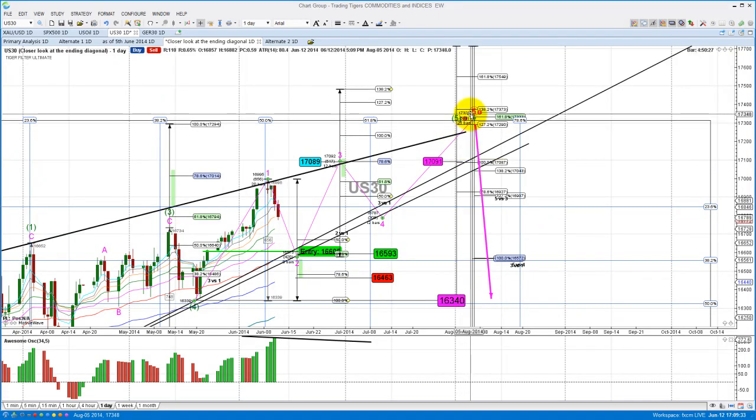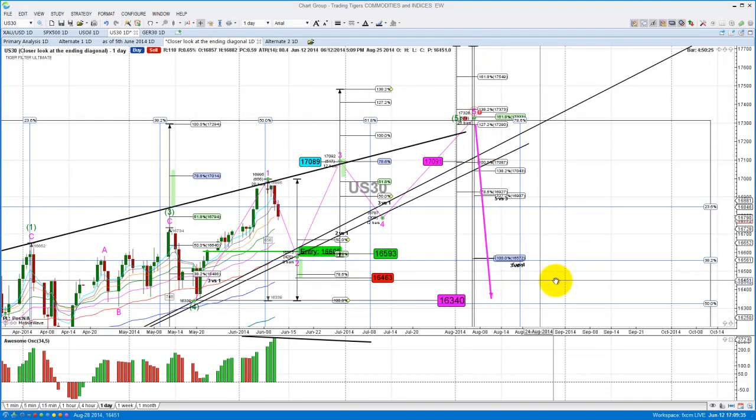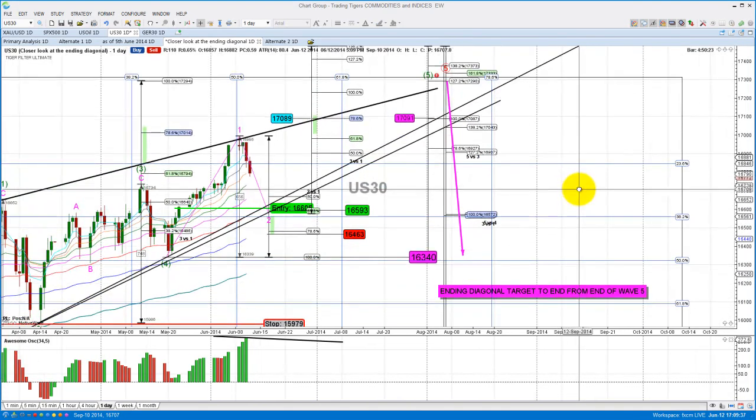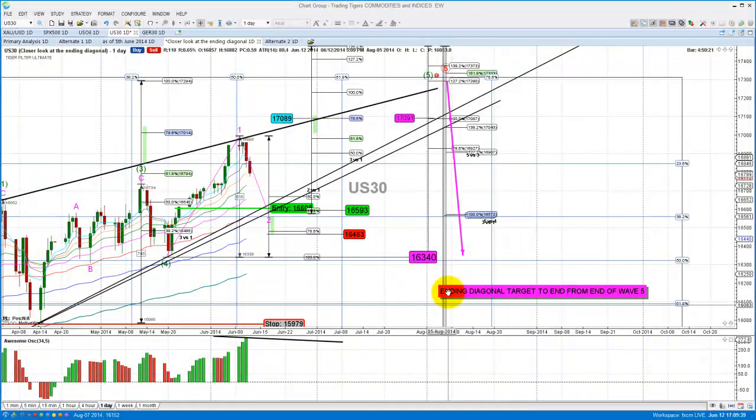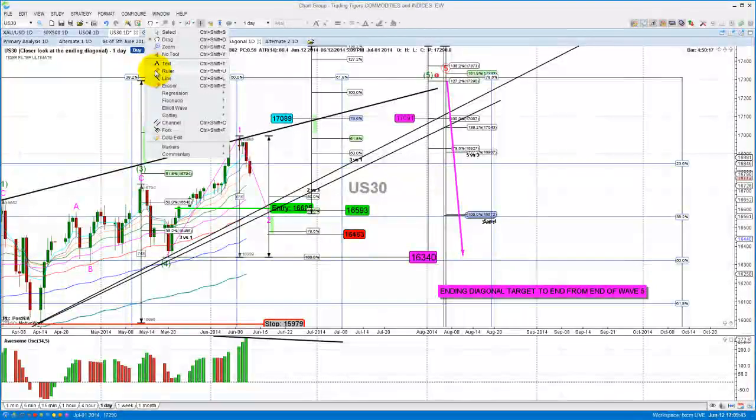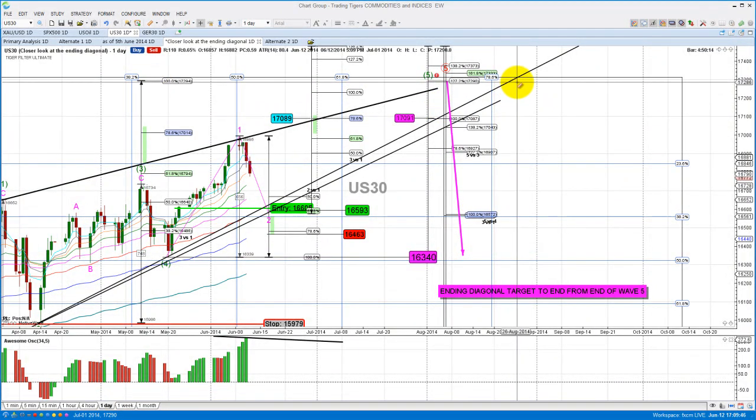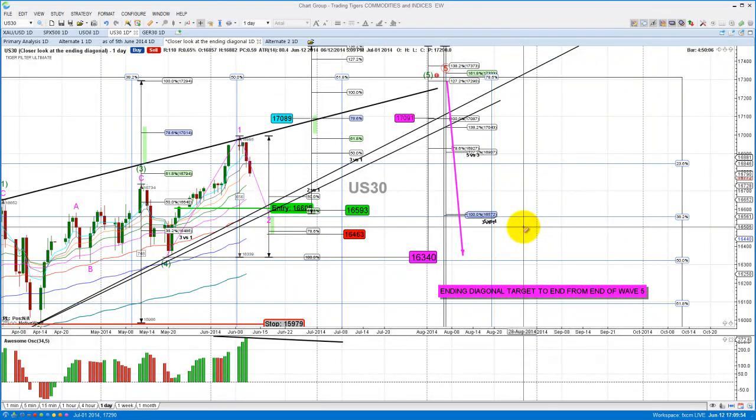So price is going to come up, hit that level, and then come sharply dropping downwards. And we're looking for an end around this level, 1634. So we're looking at 962 pips. Depending on how aggressive you're going to take the trade, we'll play that out accordingly.